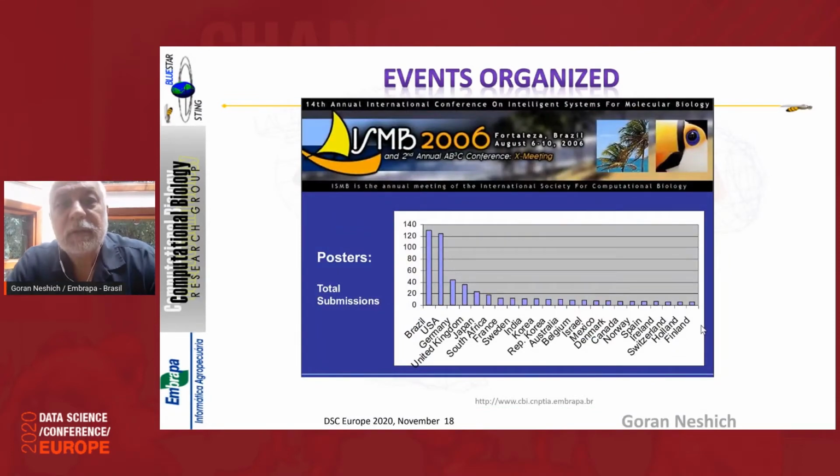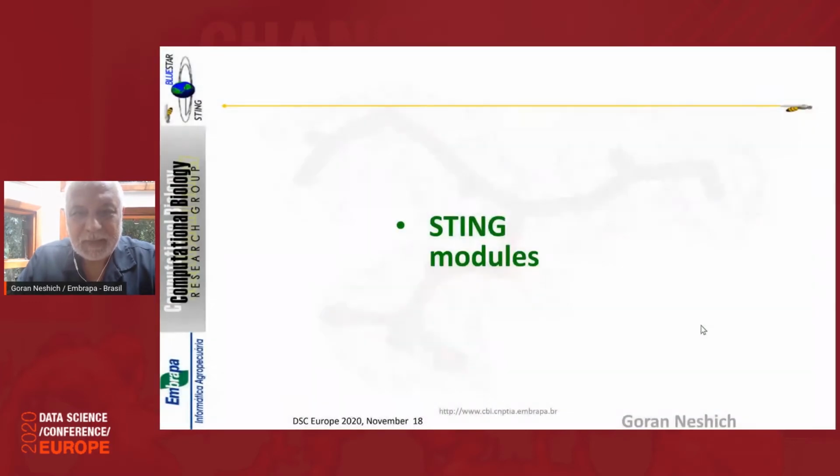At that time, we were champions in number of papers published during this conference, overwhelming usual champions like the USA and so on, which shows a little bit how big the financial obstacle is to get to some conference outside of Brazil.